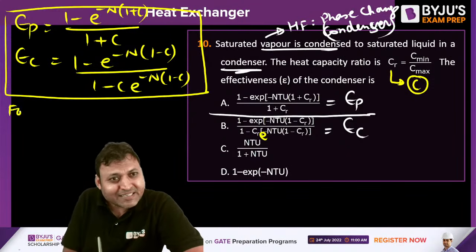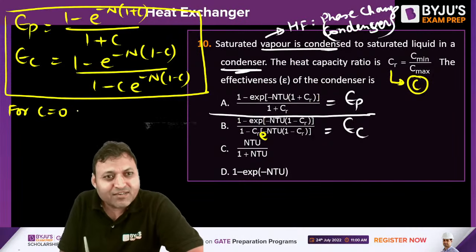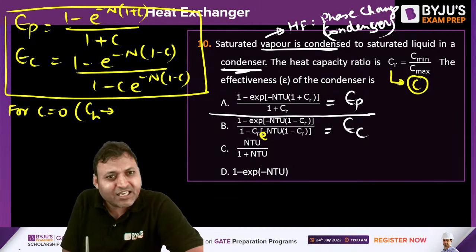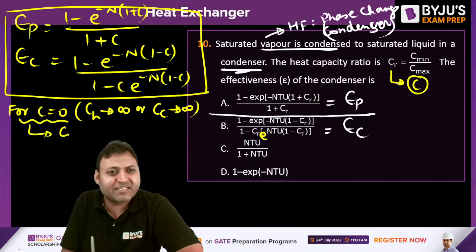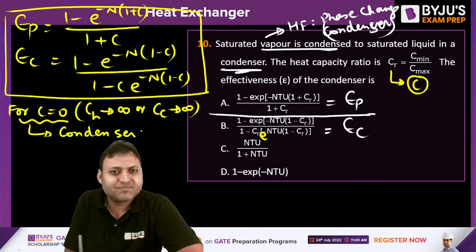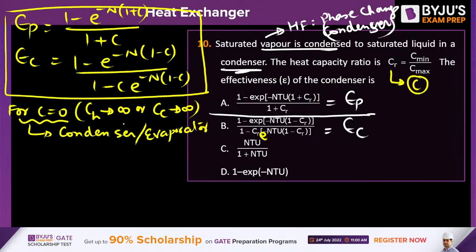Now for C is equal to 0. When do we have C is equal to 0? Either CH is infinite or CC is infinite. When CH or CC, any of them is infinite. That means a condenser or evaporator. For a condenser or evaporator, C will be 0.